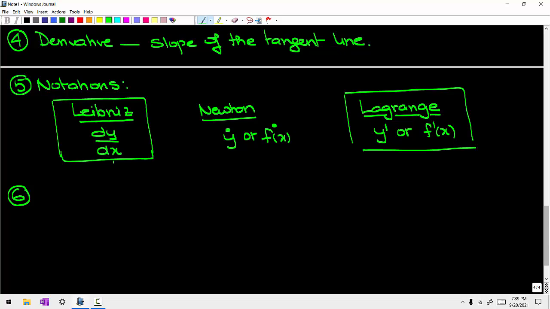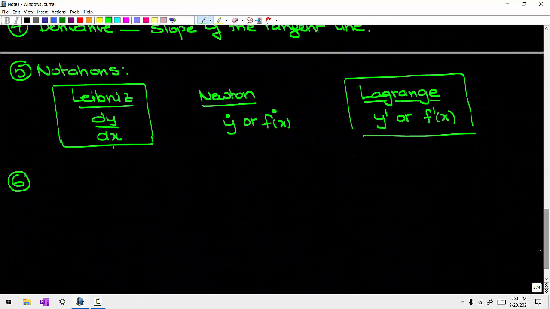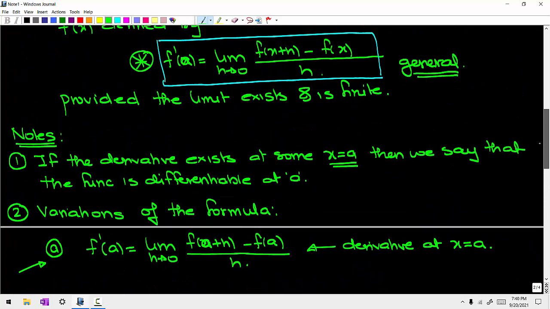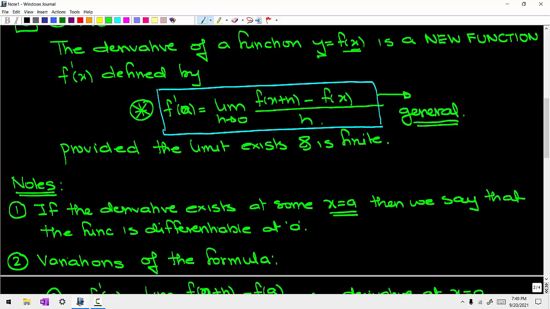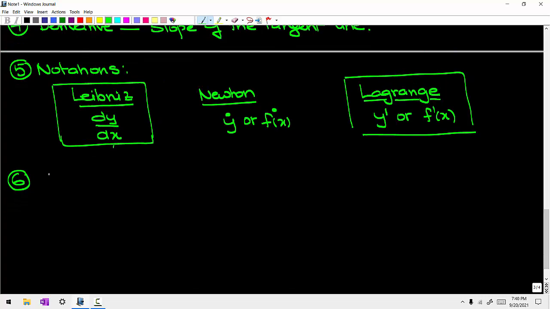Number 6. Let me label this so you don't have to keep scrolling. Let's call this equation 1, or formula 1. We won't be using formula 1 anymore. We just used that in the last section.